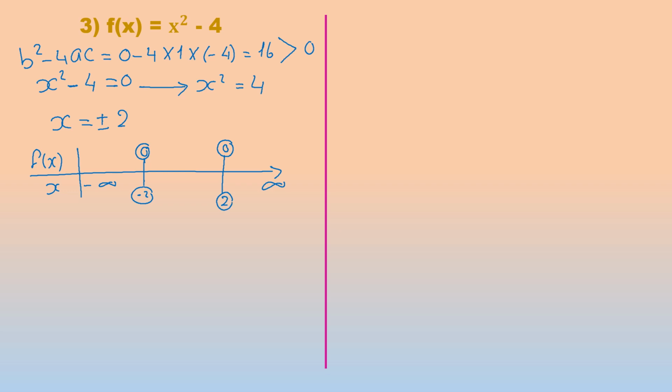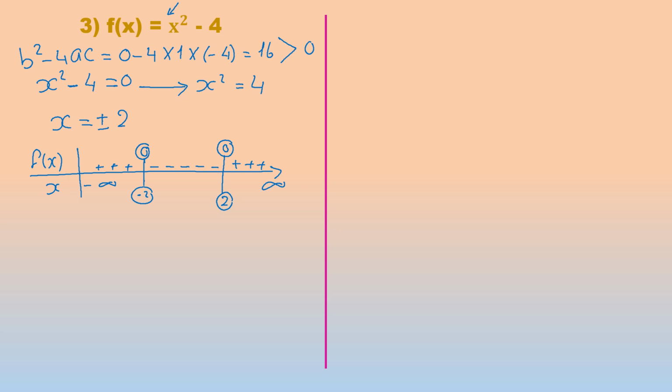Between the two roots, the sign is opposite to the coefficient of x power 2. The sign of its coefficient is positive. So we put the opposite between the two roots. And after 2, it will be the same. And before negative 2, it will be the same.